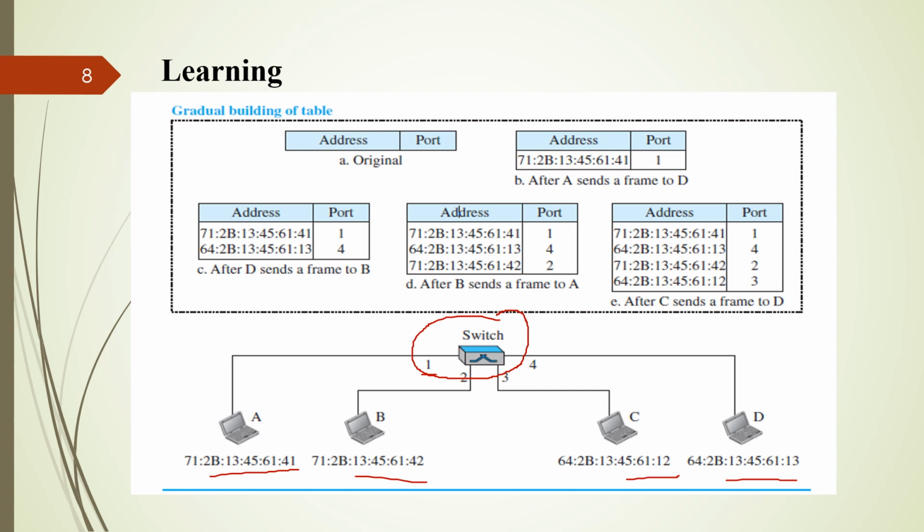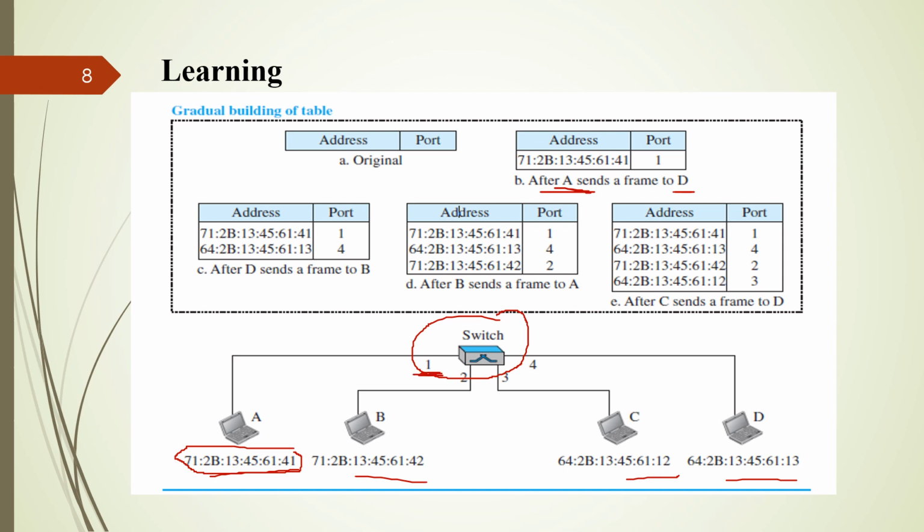So let us consider the first condition, where station A is sending a frame to D. The source address, or the MAC address, of station A is 61:41, and whenever station A sends the frame, we can see port number 1 receives the frame.